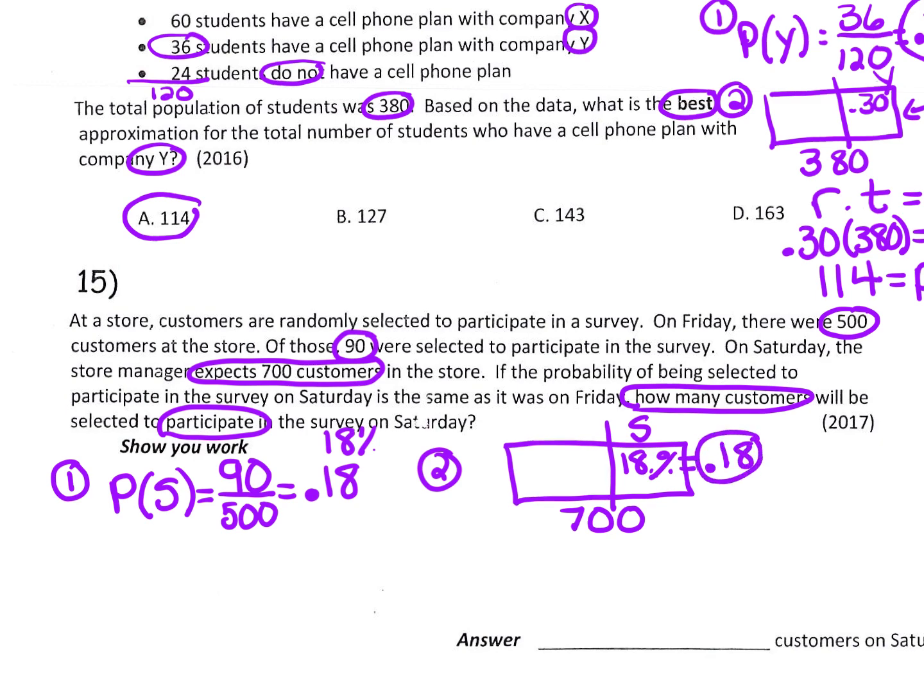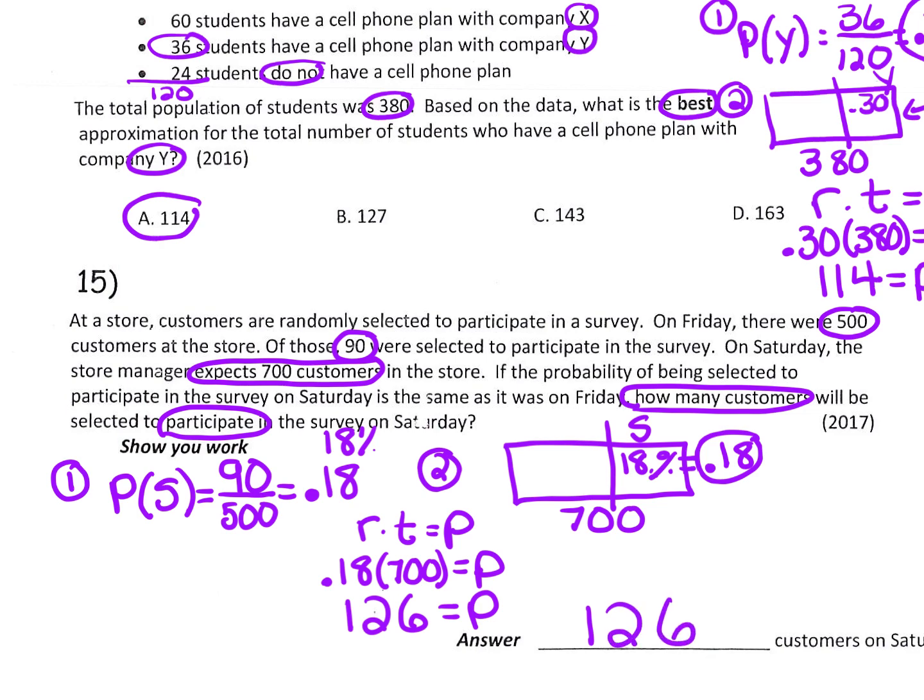So use your formula, R times T equals P, and figure out what 18% of 700 is. 0.18 times 700. We would predict or expect 126 people to be selected for the survey on Saturday.